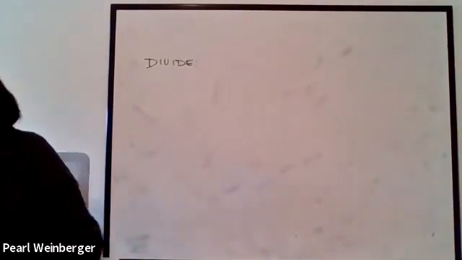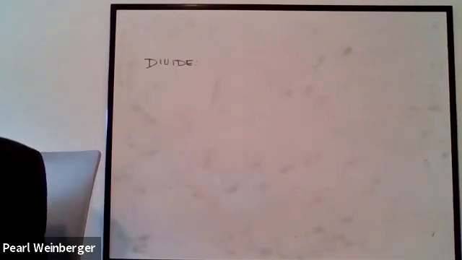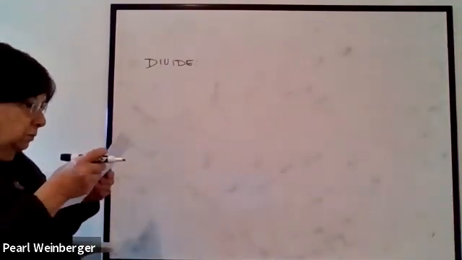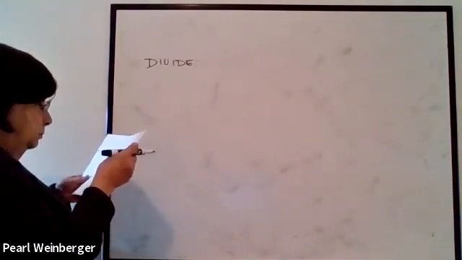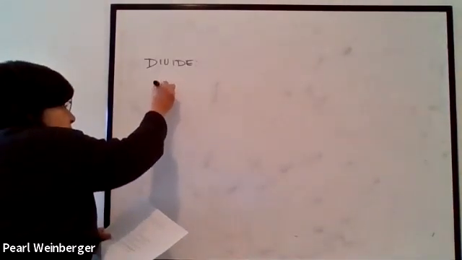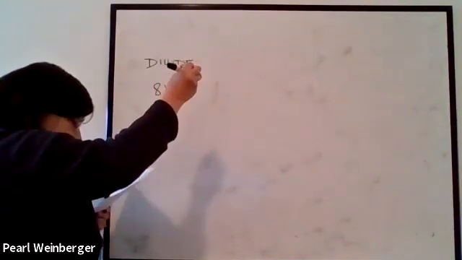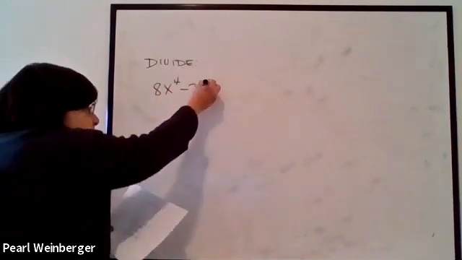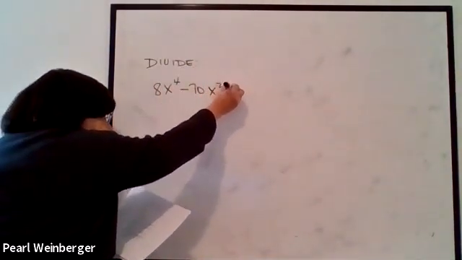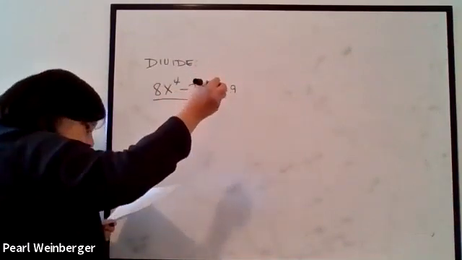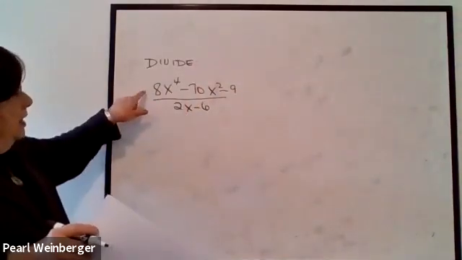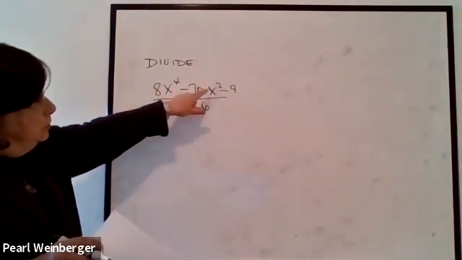Here's an example: 8x to the fourth minus 70x squared minus 9, and we're dividing that by 2x minus 6. It's on the sheet also.